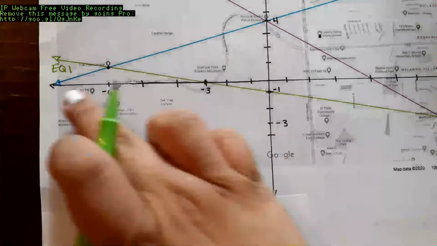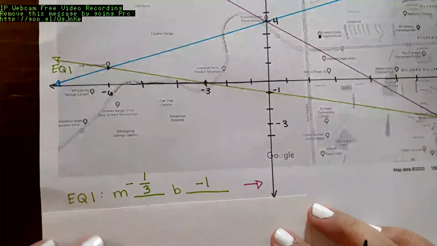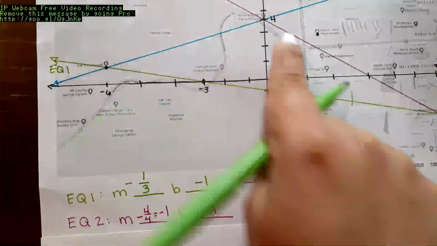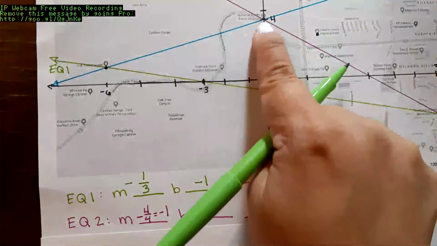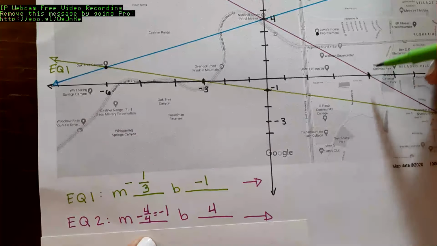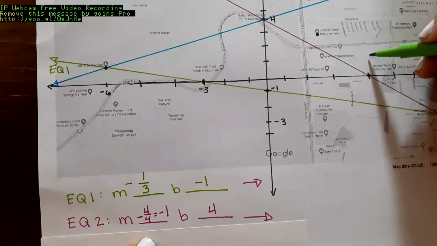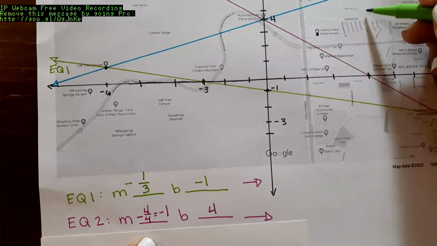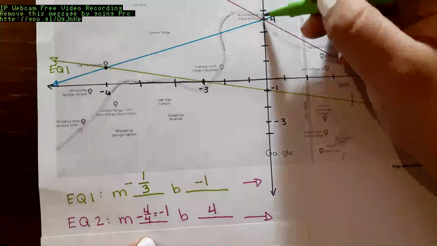You're going to do that with your other two lines. For my second equation, I see that on my y-axis it crosses at -4, so that was my b. For my slope, I counted from this line because I made it cross right on the dot. I went up 1, 2, 3, 4 and then I ran 1, 2, 3, 4.